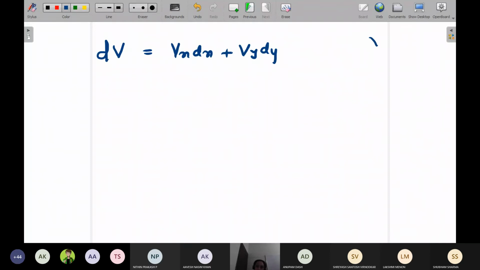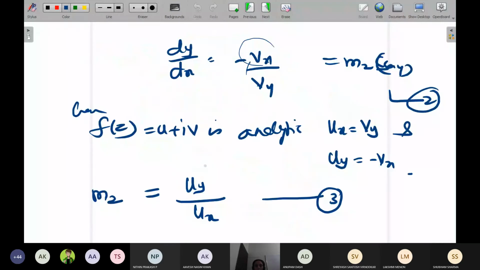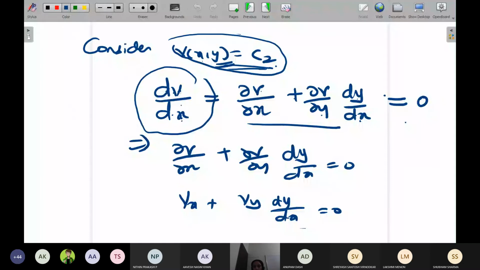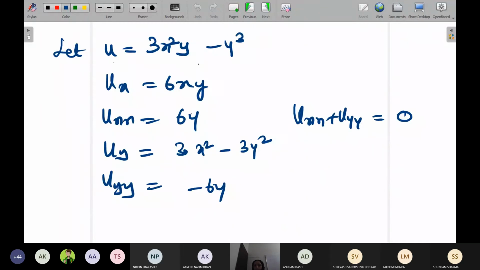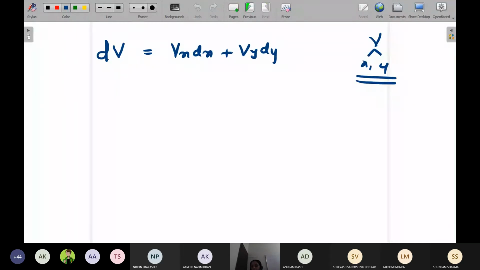Why? Because v is a function of x and y. So we have to calculate this.